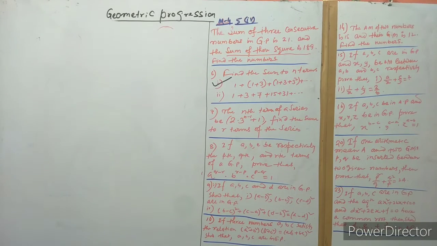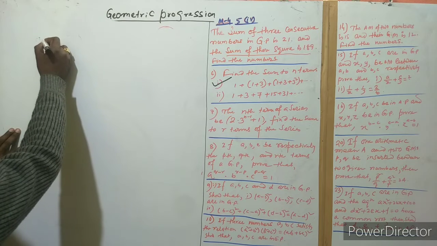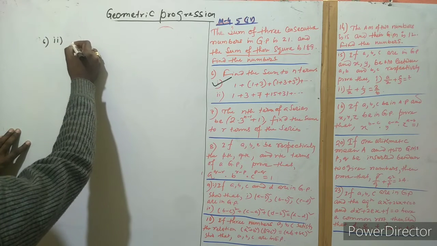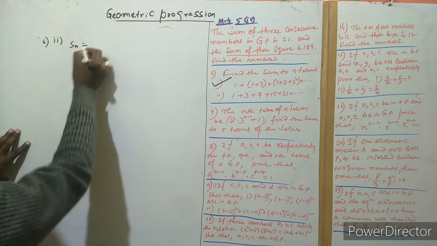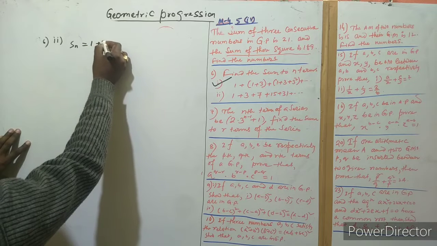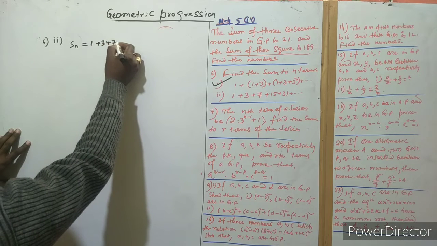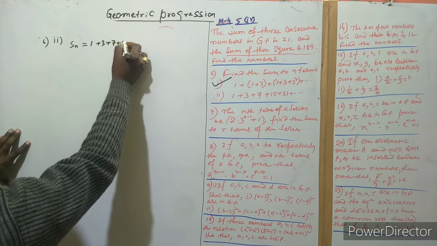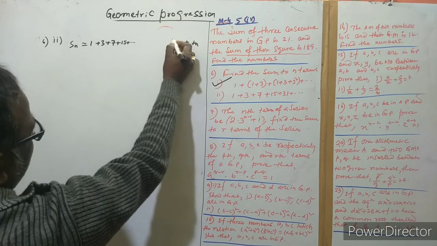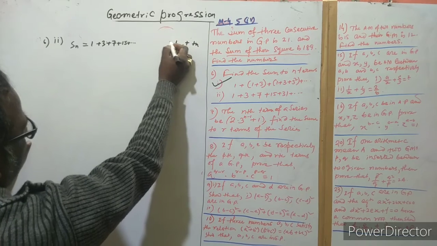So see, this is 6 part 2. And now this is denoted by Sn. We have to find the sum, so that's why Sn. So 1 plus 3 plus 7 plus 15, okay. And mention that this is Tn. After that, the previous term we had is Tn minus 1.